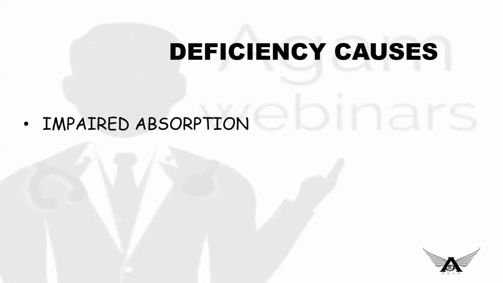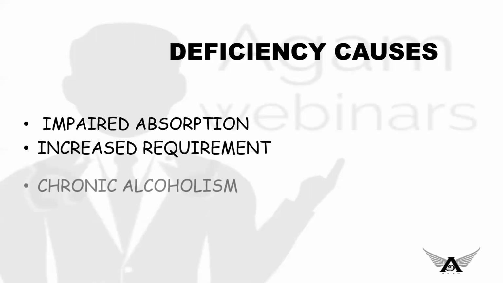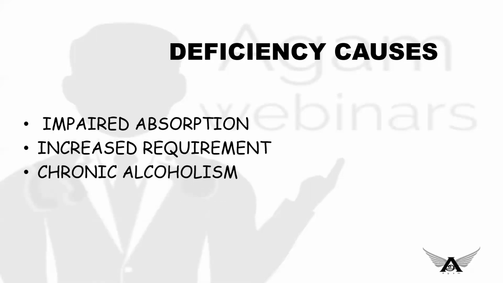So chronic alcoholics must take large doses of thiamine. One more cause is increased requirement. Increased requirement may occur when we take a large amount of carbohydrate food, or also in old age, pregnancy and lactation. During these conditions, increased requirement may lead to vitamin B1 deficiency. So these are the major causes of vitamin B1 deficiency.